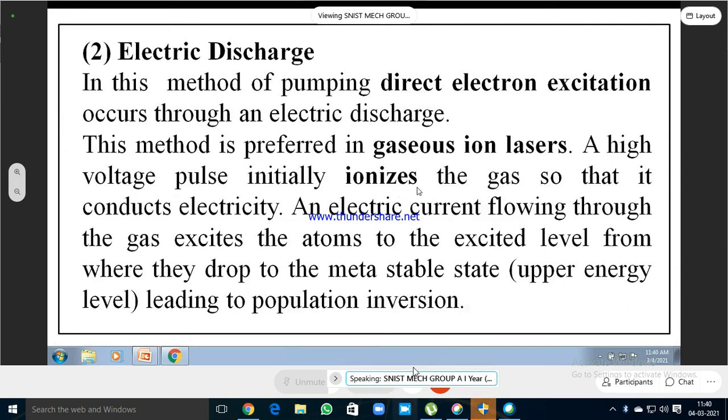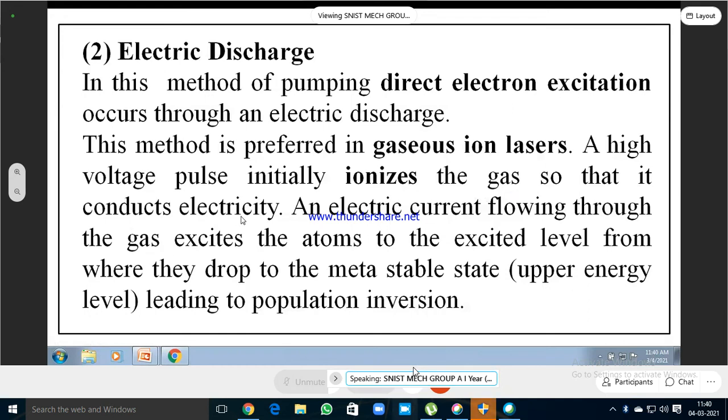So each and every gas atom is ionized. When an atom is ionized, an electron is released. Since there are many gas atoms, many electrons will be released. These electrons make the gas conduct electricity.